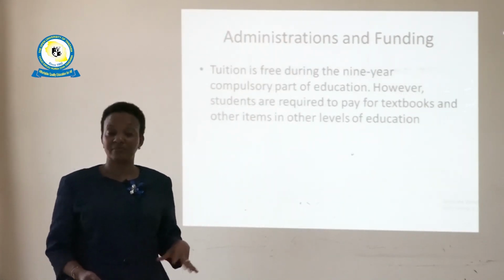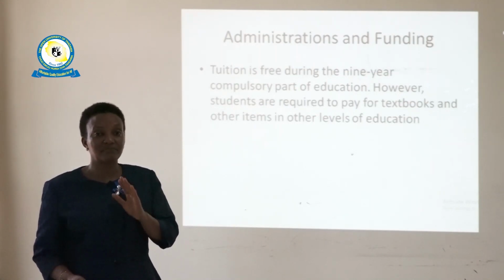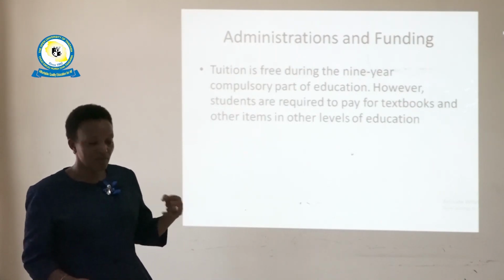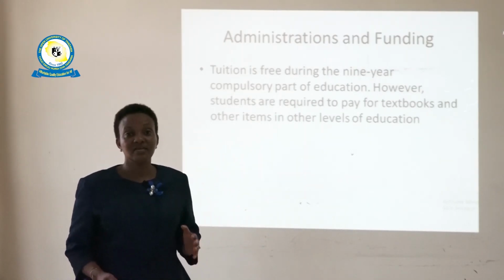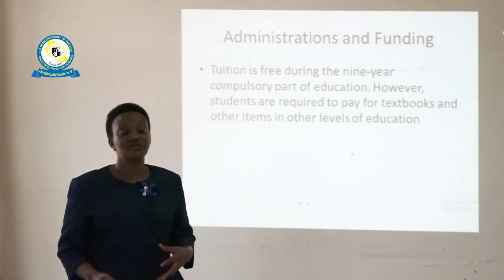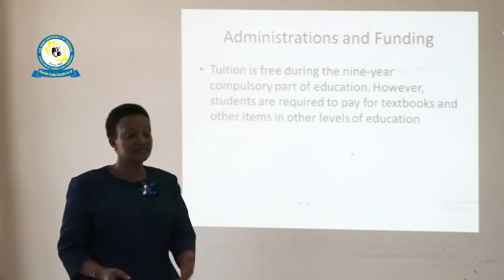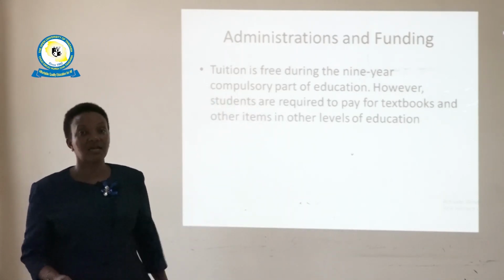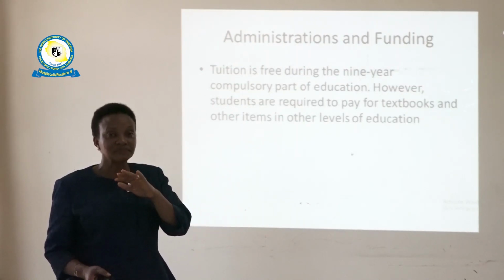On funding and administration, tuition is free during the 9-year compulsory part of education. So in the compulsory part of education, a child pays nothing. It is free of charge. The government finances the education during that period of studies.